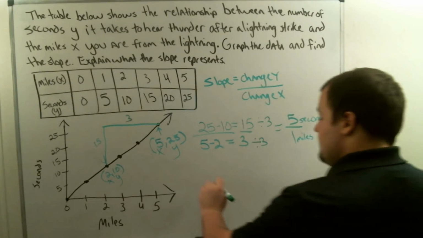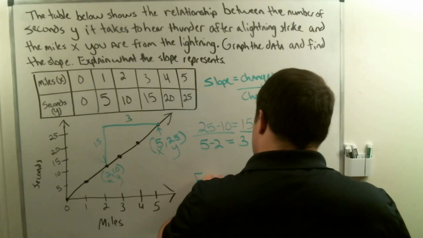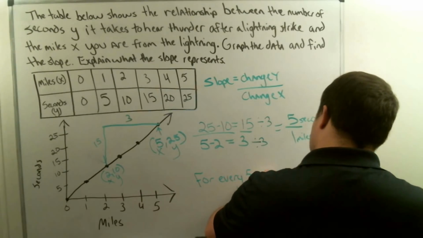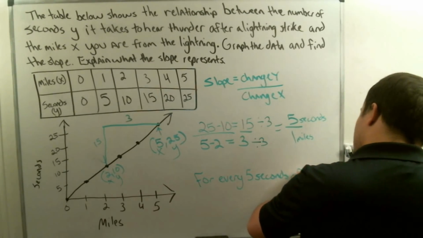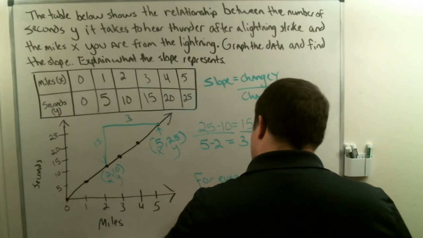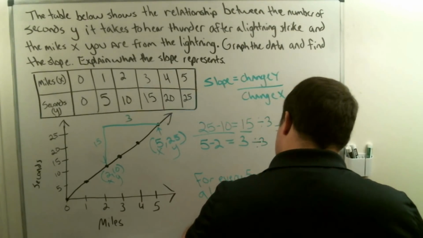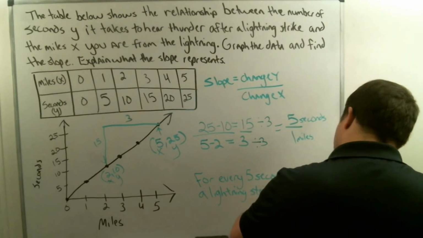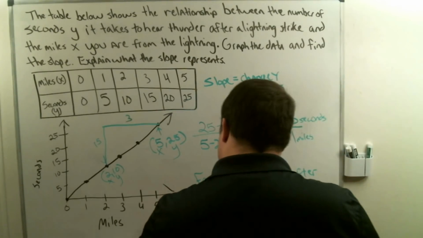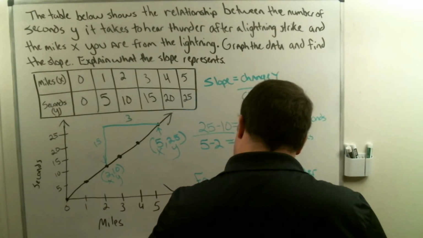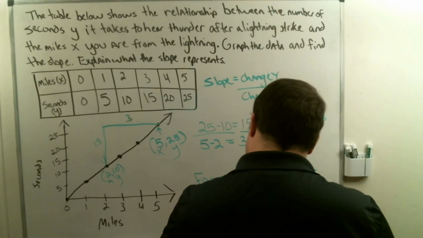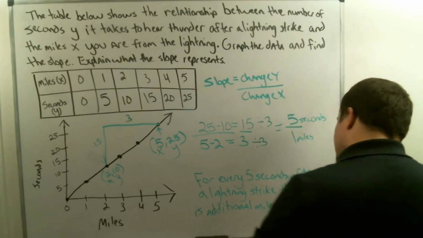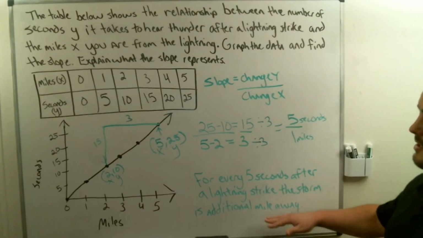So what this means is that for every 5 seconds after a lightning strike, the storm is an additional mile away.